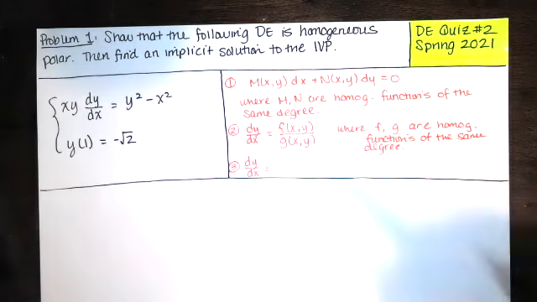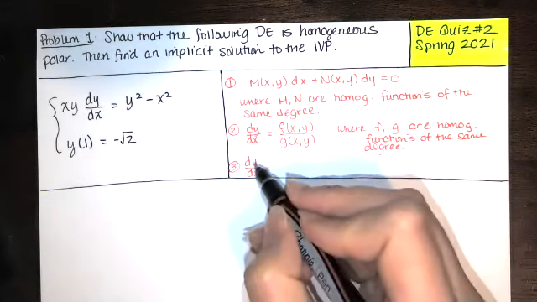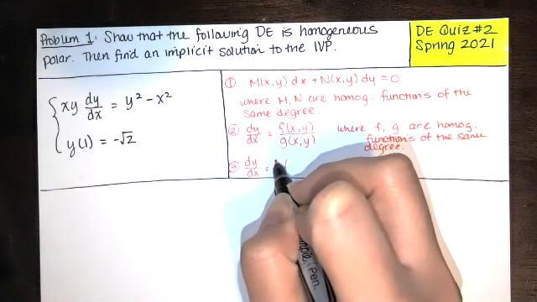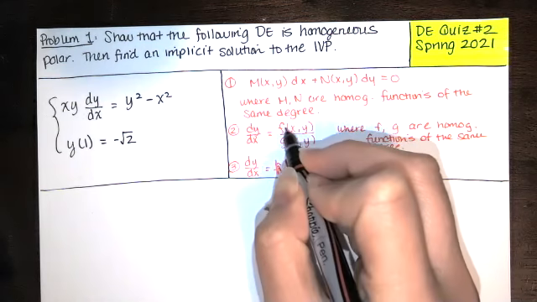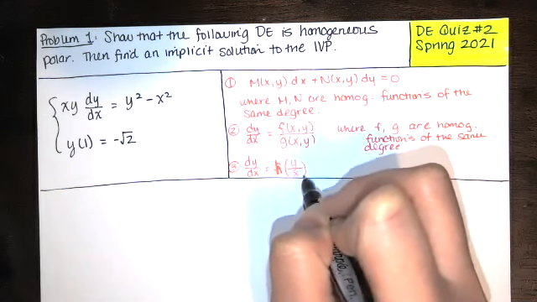In order to solve the homogeneous polar equation, usually we write the derivative dy over dx as a function. I'll use a different function. If this is f and that's g, I'll call this one h. So it'll be a function of y over x.